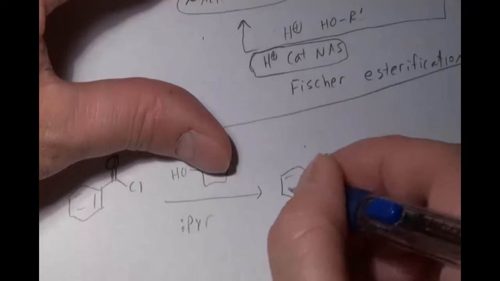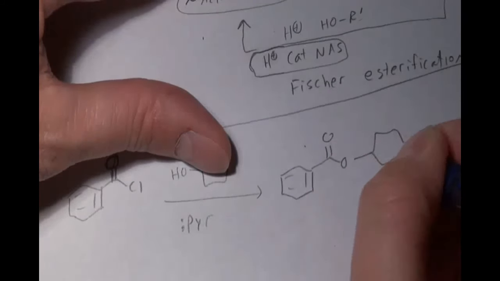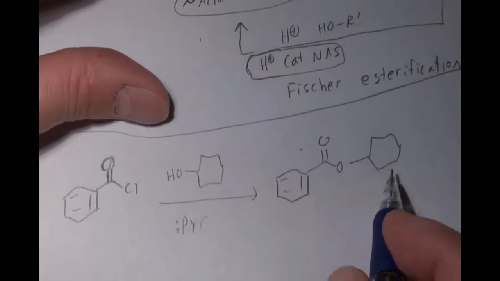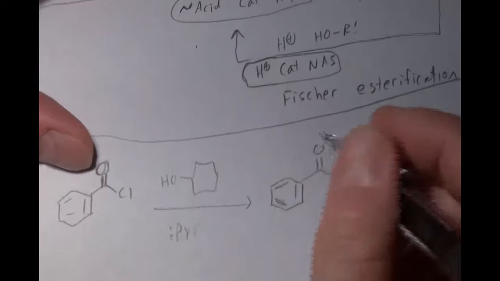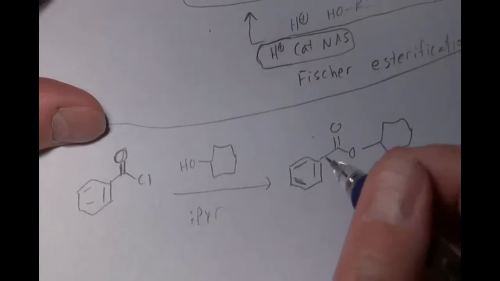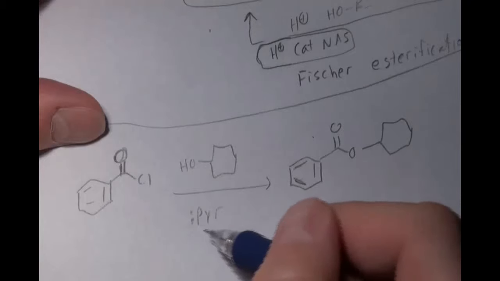In this example, the left is benzene and aromatic, the right's not. It's a cyclohexane, like cyclohexanol. Okay. What's the mechanism of base-mediated NAS? This is a very simple mechanism. Don't touch the base yet. The base is not involved yet.